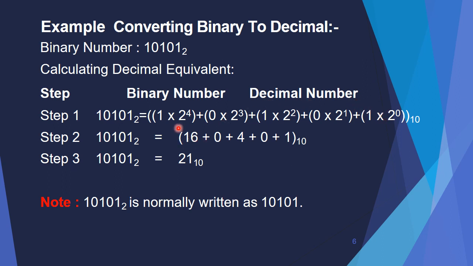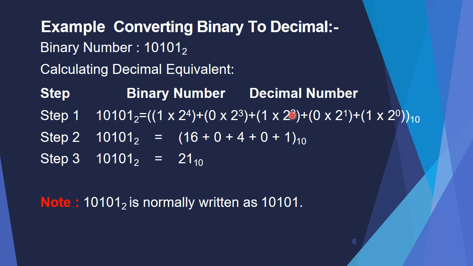Now 2 to the power of 4 is how much? 2 2s are 4, 4 2s is 8, and 8 2s is 16. So we are multiplying 2 four times. Plus 0 into anything is 0 only, so we don't have to multiply this also.